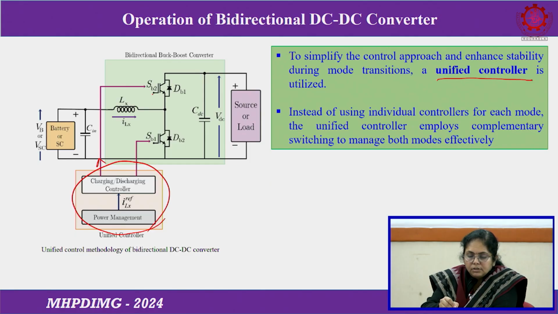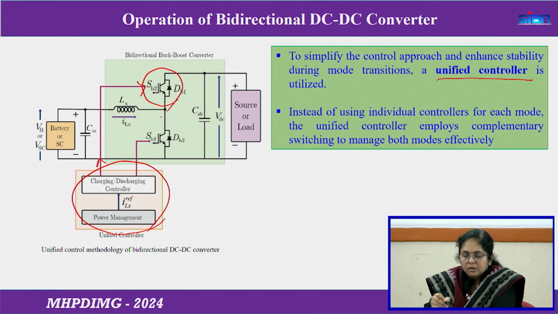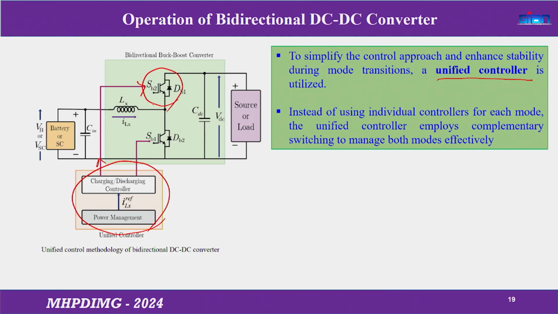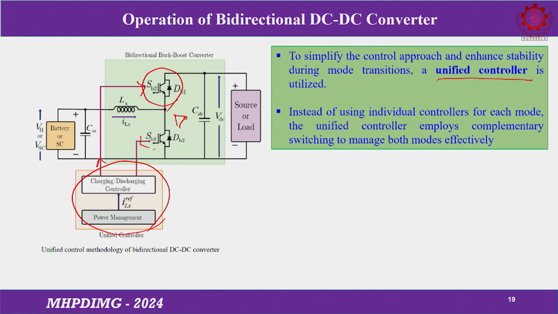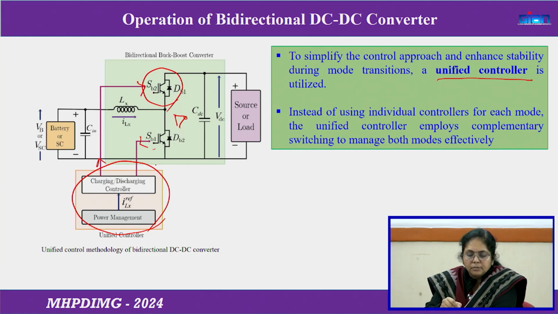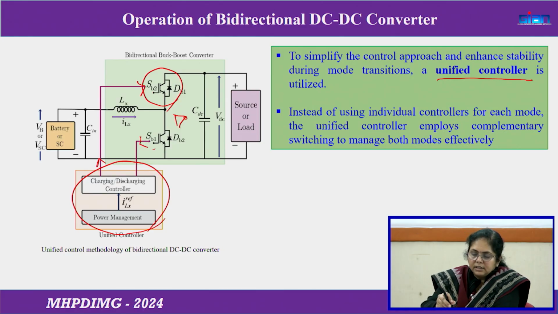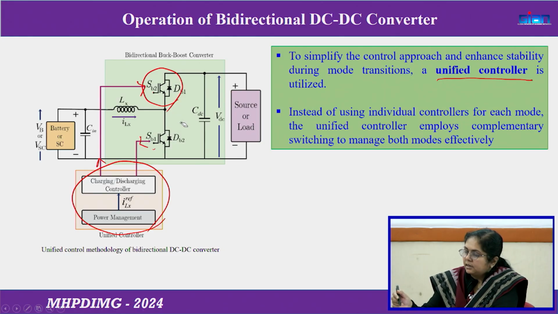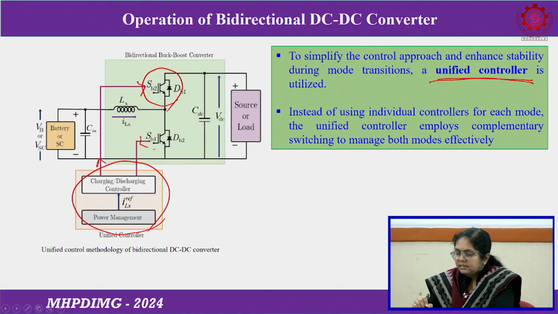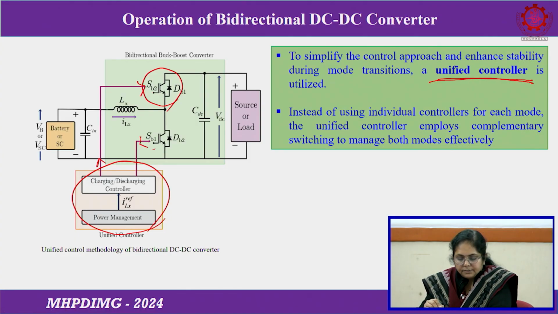When the upper switch is on, which is buck mode, it will give a pulse, and the inverted pulse will be given to the lower switch, so they operate in a complementary fashion. That is generated by this unified controller, and what is in the unified controller, we will see.